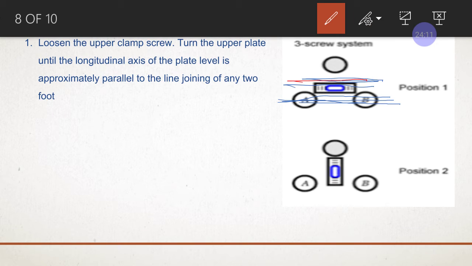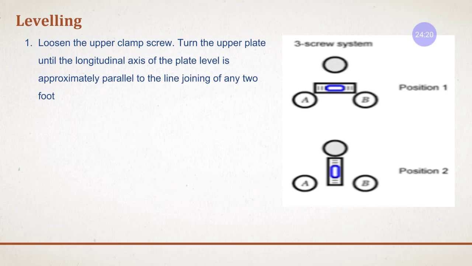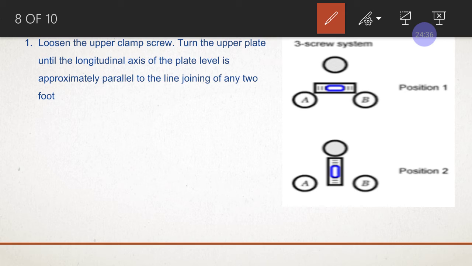So when you bring two foot screws parallel to the bubble tube, then the parallel foot screws are to be rotated either in the anti-clockwise or clockwise directions. Both are to be turned, right?